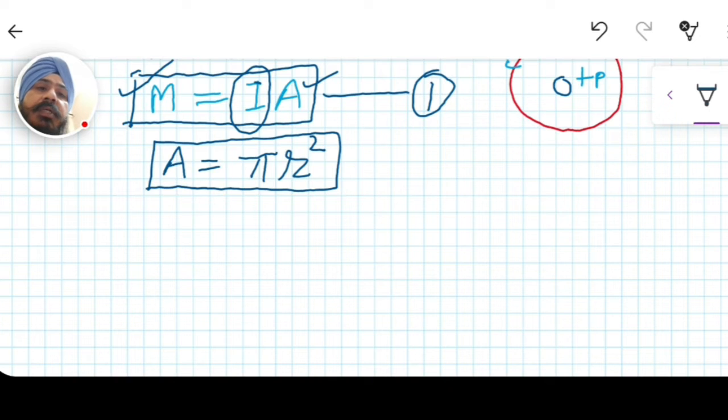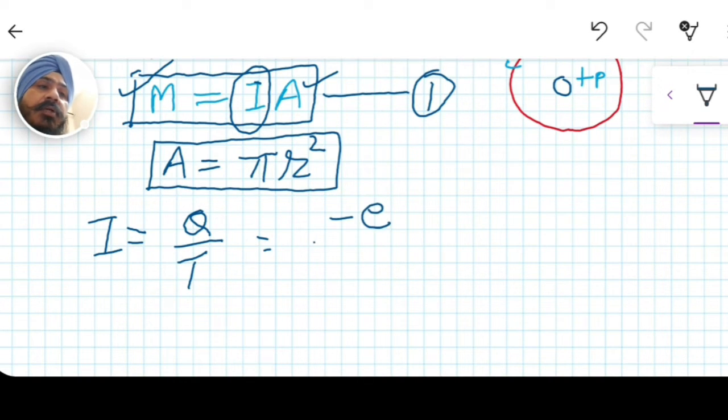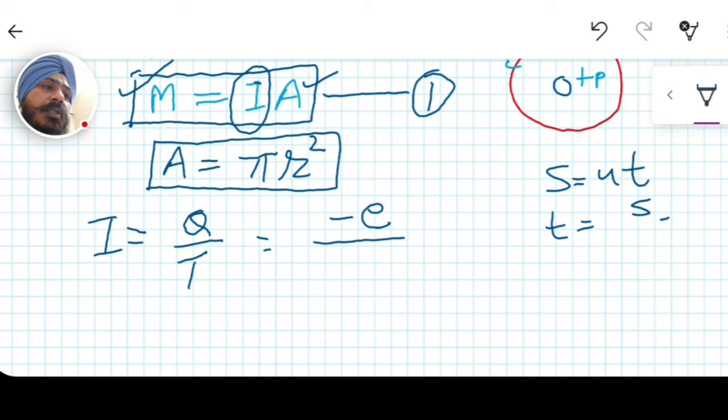Now let us calculate current. Current has a formula of charge per unit time. So here charge is minus e on the electron and T is the time period. Time period can be calculated from the s equal to ut formula, from where T can be written as s upon u.